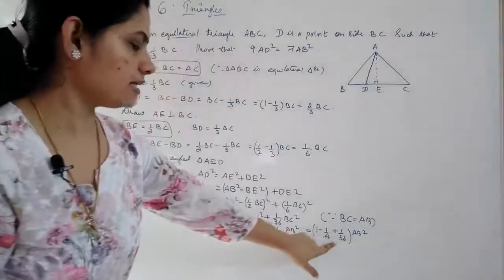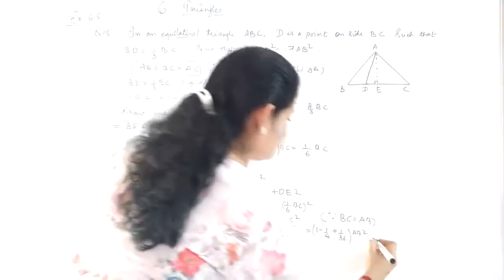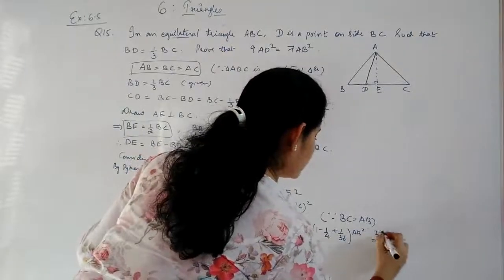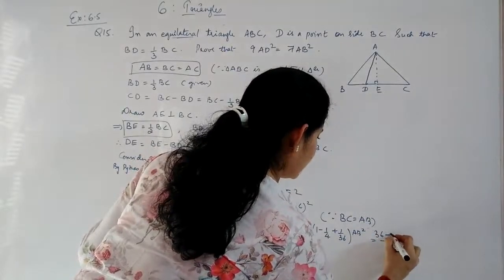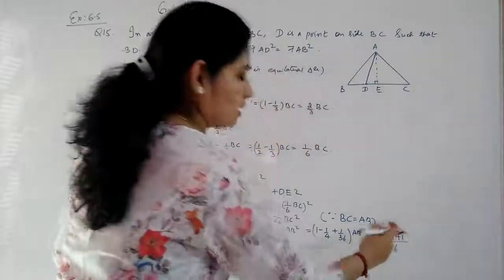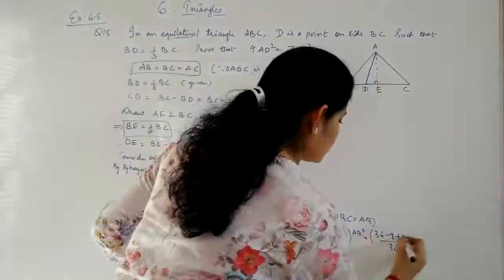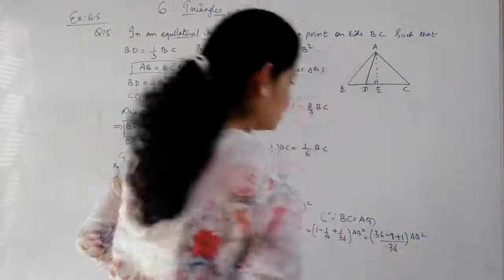And after taking the LCM, what you get here is 36 minus 9 plus 1. So 37 minus 9 will give you 28. So that is 28 AB square you are getting.